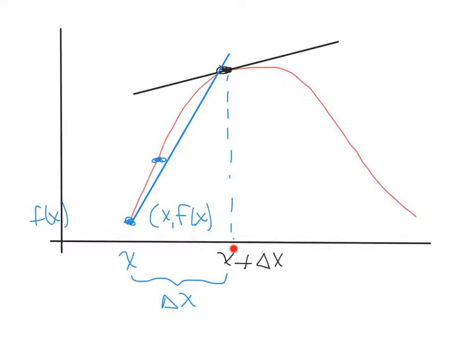This is my change in x. So this is my x value, which means up here along the y, this is the value f of x plus delta x.